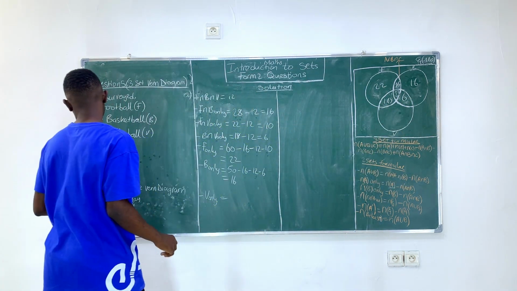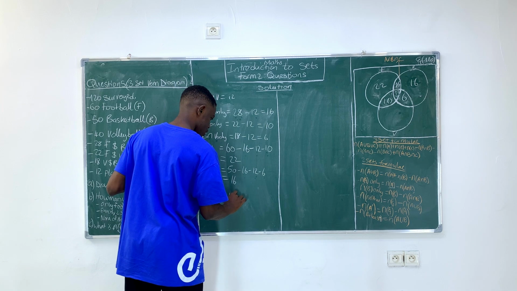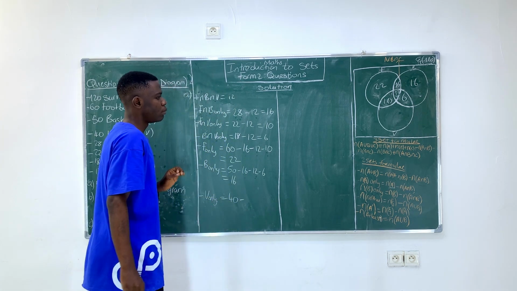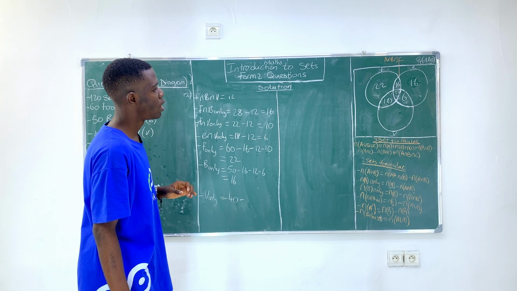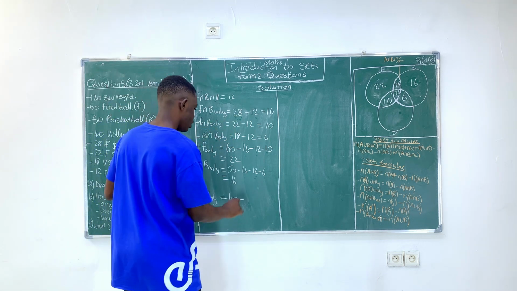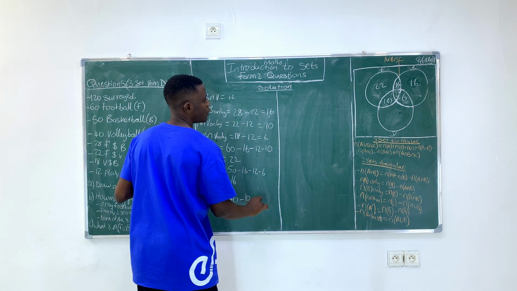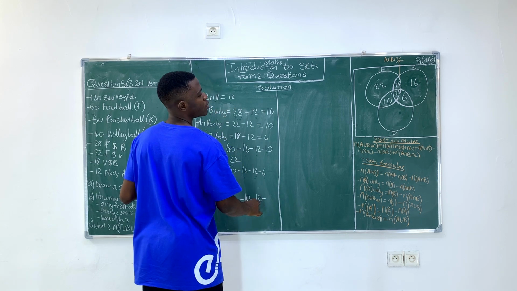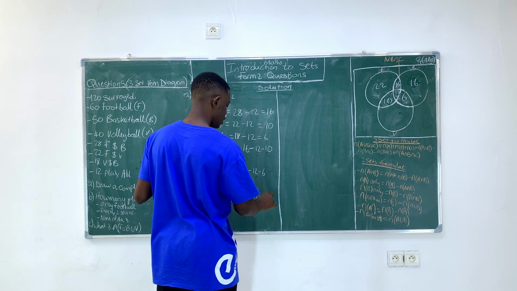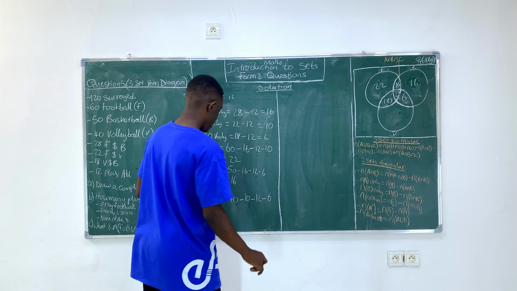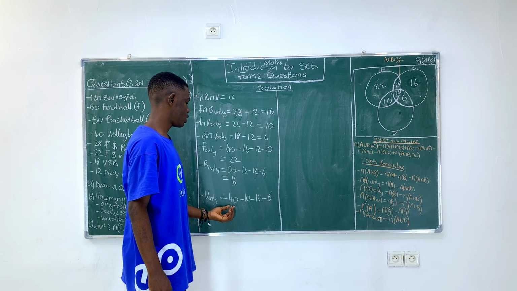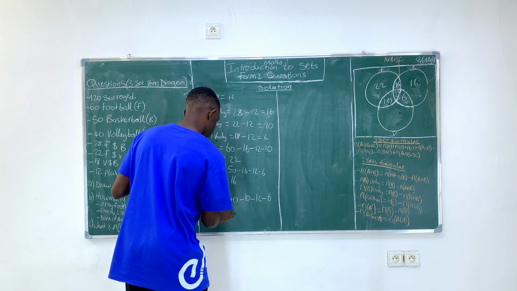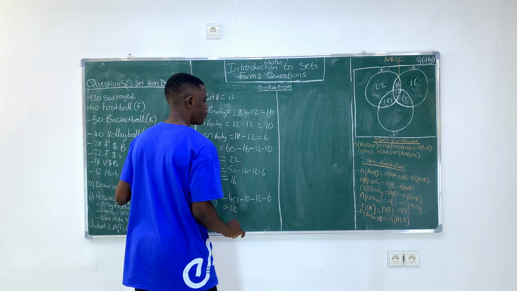So my total V, what is it? 40 minus 10, minus 12, minus 6. So this is 40 minus 28, which is going to be 12.